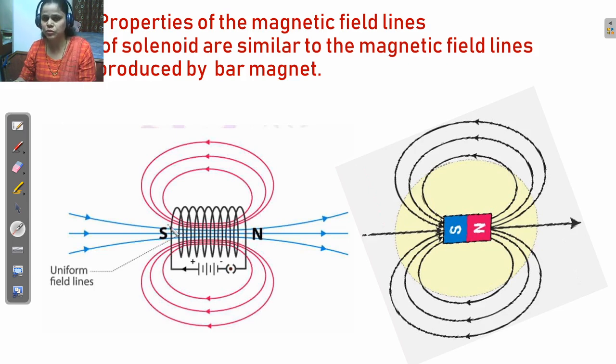And one side of the solenoid works as a south pole and the other side works as a north pole. In the south pole, the direction of the current is clockwise, and from the side of the north pole, the direction of the current is anti-clockwise. So this is our solenoid versus bar magnet.